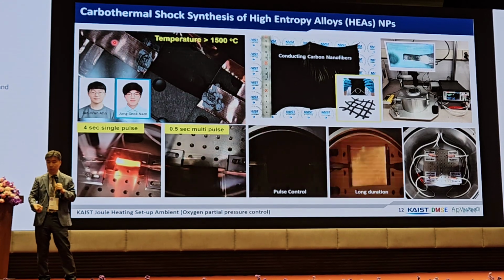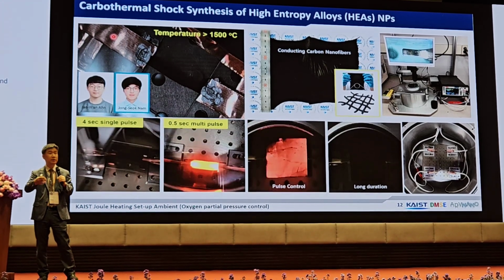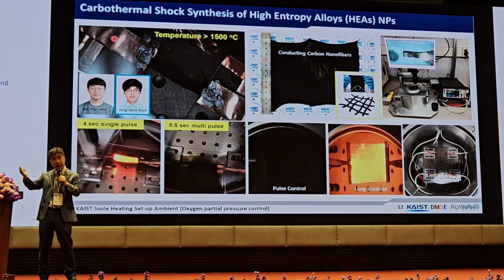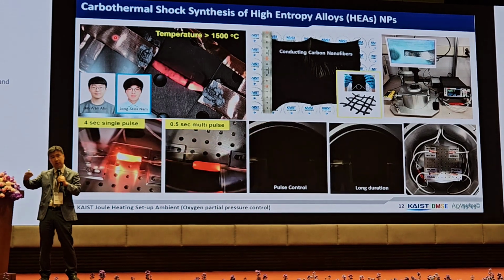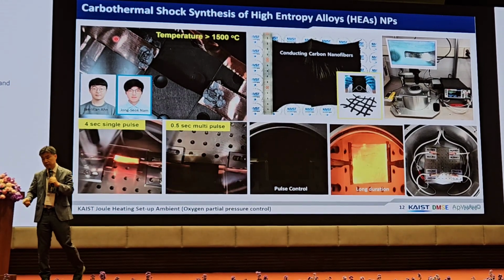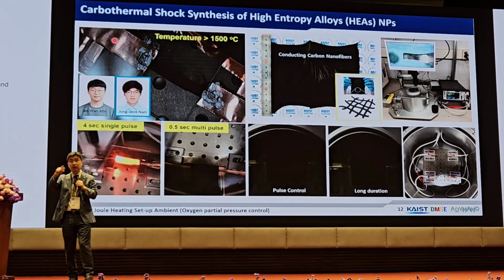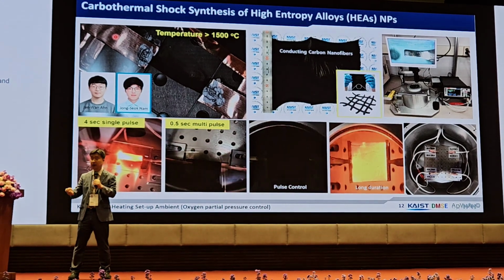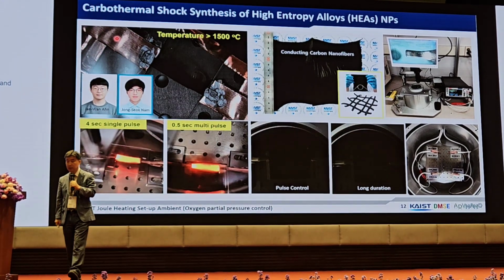We can control the pulse, for example, a 4-second long duration pulse, and also short pulses, multiple pulses. You can also see here a relatively large area, so we can cover 10 centimeter by 10 centimeter carbon nanofiber.